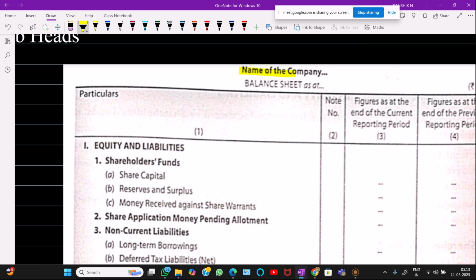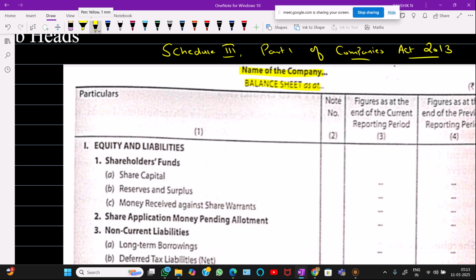The name of the company will be in the center, and then it will be marked as balance sheet. All this format is prepared based on the guidelines of Schedule 3, Part 1 of the Companies Act 2013.